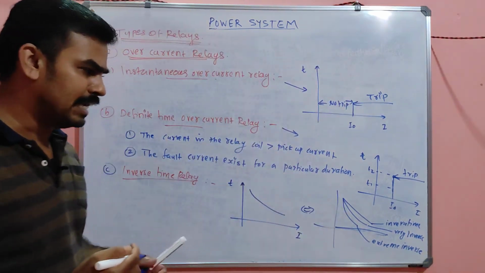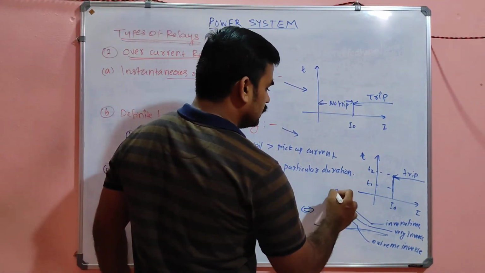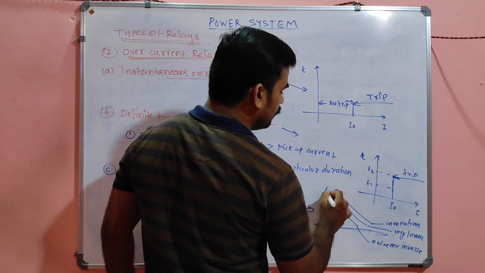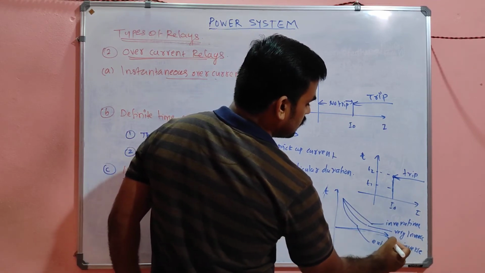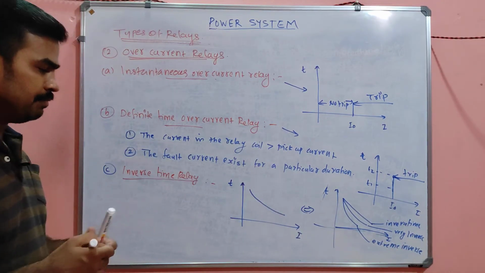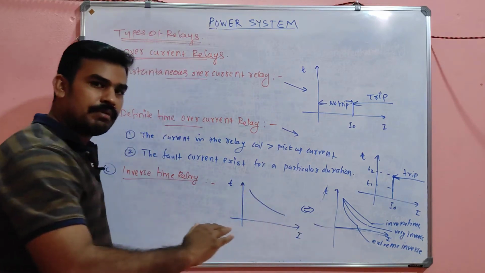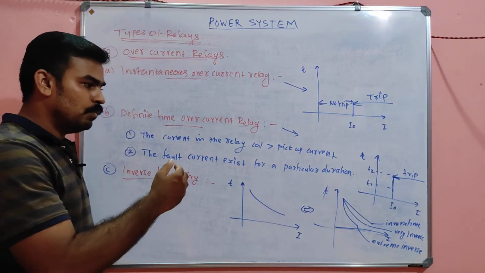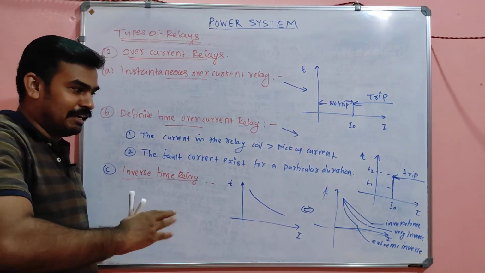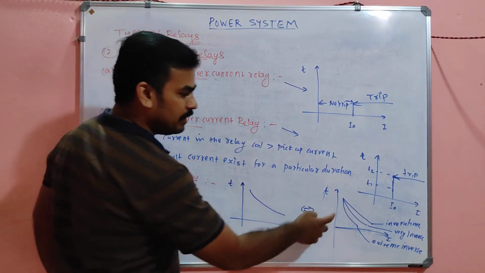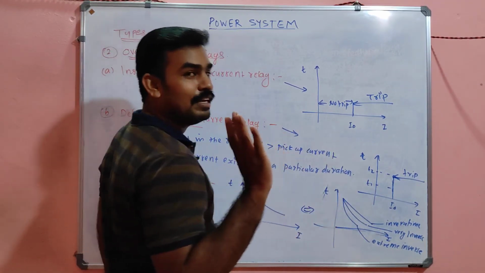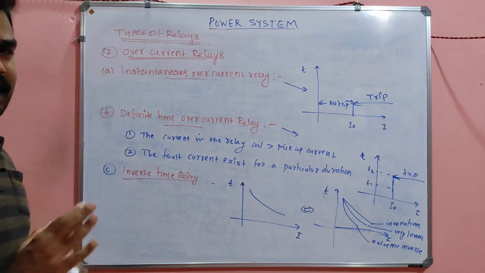You can classify accordingly. I am taking this just from a theory point of view. This is current against time. That means the inverse can also be very inverse or extreme inverse, according to the slope of the graph. That is not that much important.